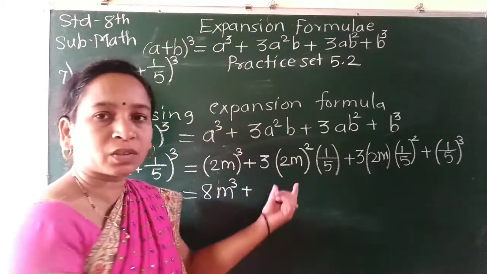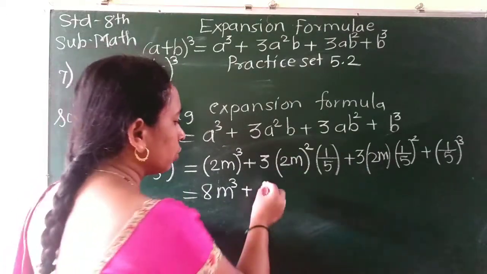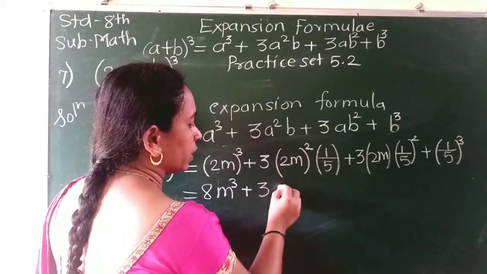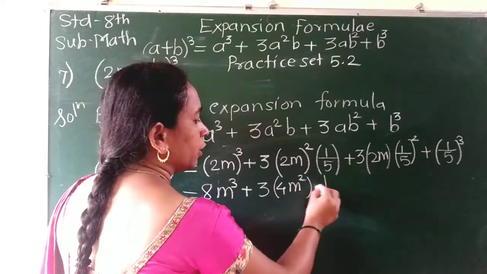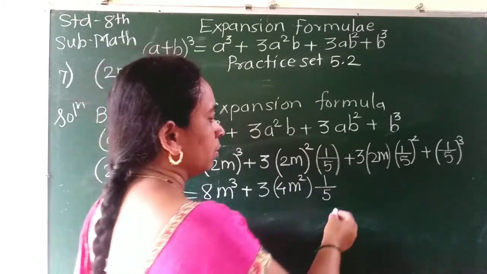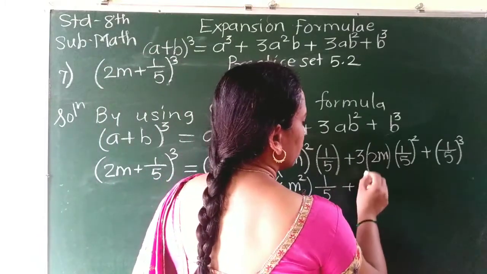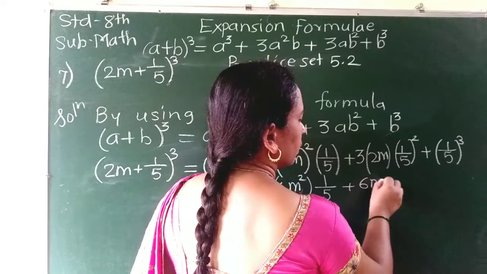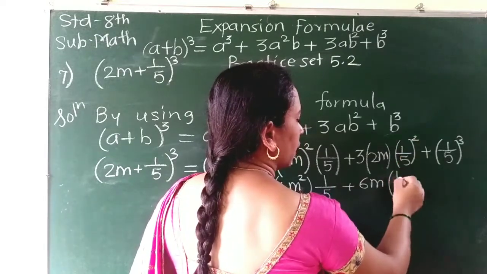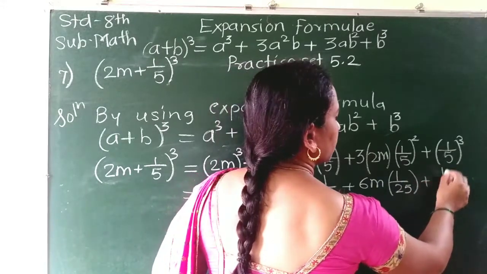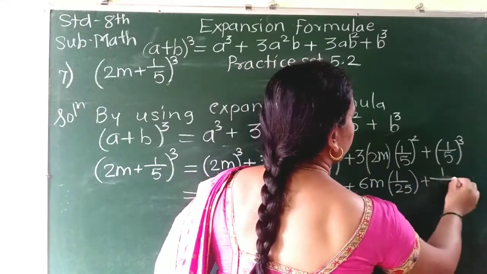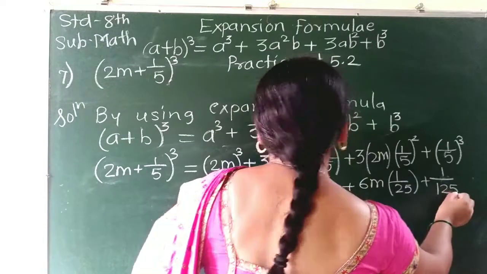Now here I'll make the square of this term first. So 3 as it is, 2 square is 4m square into 1/5, plus here 3 2s are 6m, 1 square is 1, 5 square is 25, plus 1's cube is 1, 5's cube is 125.